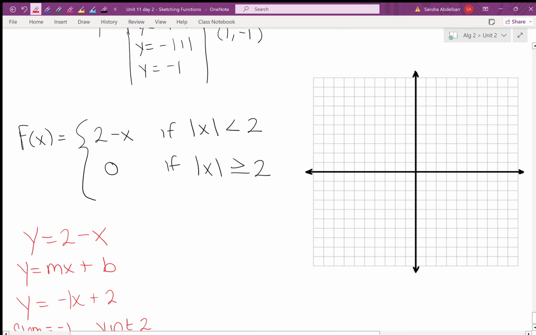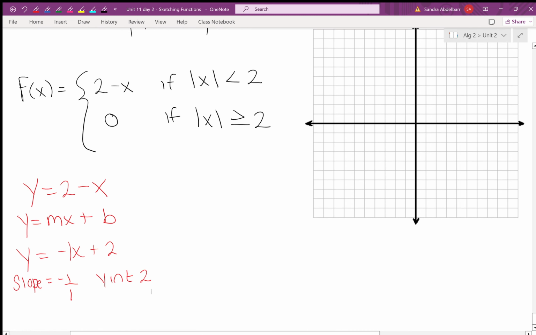So this line, y equals negative x plus 2. We're starting off at 2, and then we're down 1. Remember, our slope is rise over run, so our rise is negative 1. So we're down 1, right 1. Down 1, right 1, down 1, right 1.